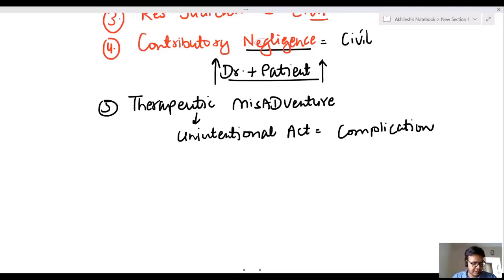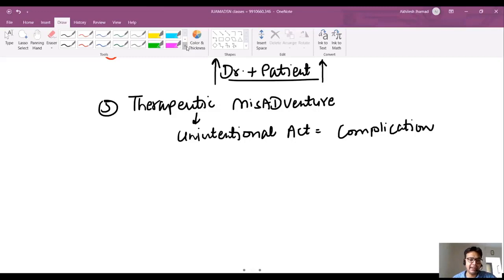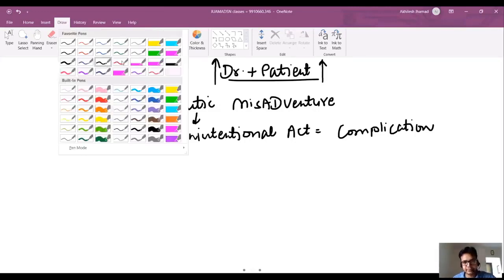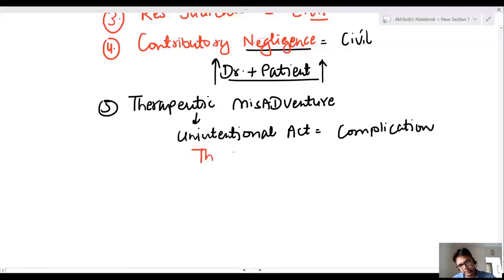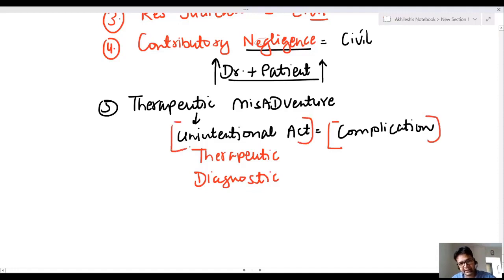Now, this unintentional act may be therapeutic, may be diagnostic, and may be other. But the main thing here is that it is an unintentional act leading to a complication.